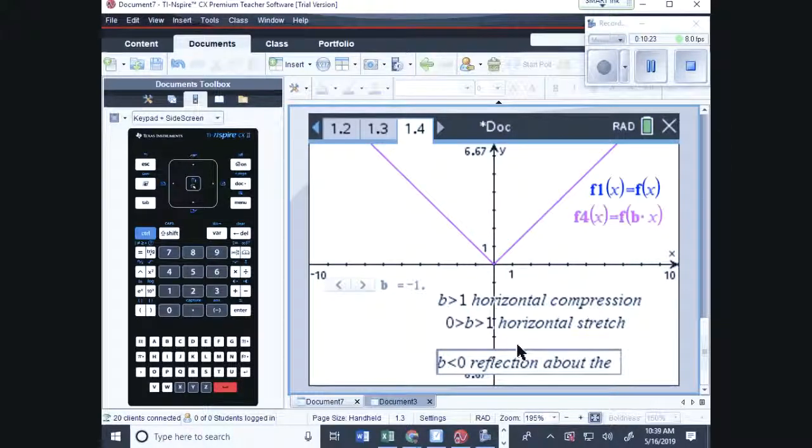And that's because this graph is symmetric, so you can't tell. If I get a graph that is not symmetric, you can see this, but because the graph is symmetric, you can't see it.